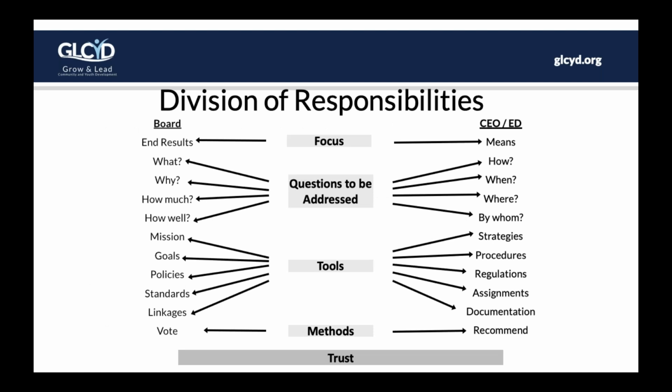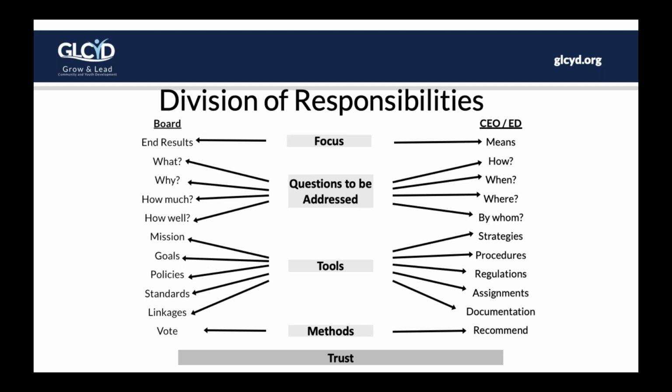I love this slide. This talks about the division of responsibilities between a board and its executive, whoever you hire. So it hopefully shows the differences that CEO and ED is looking for: the day-to-day, the operations, how things are supposed to happen, the means, the how, the when, the where, the strategies and procedures to get assignments done and how to document them.